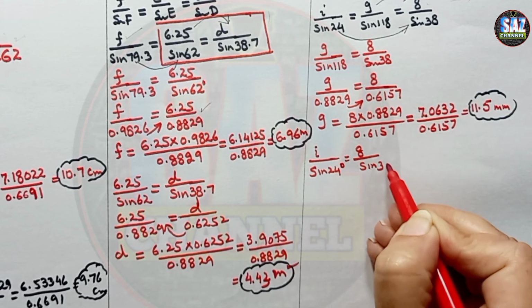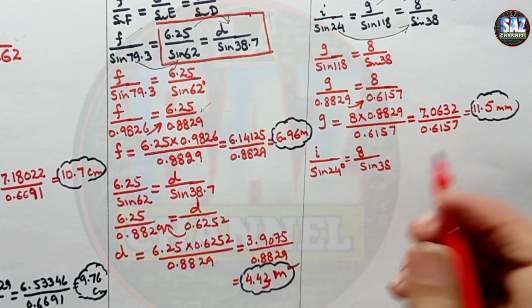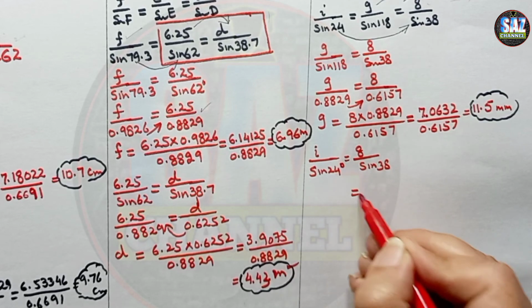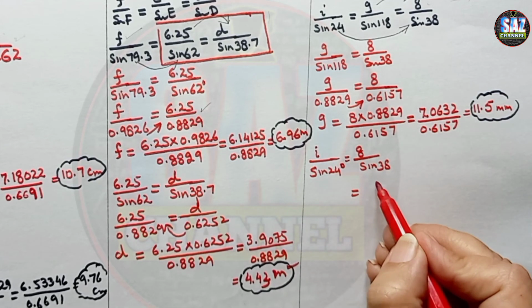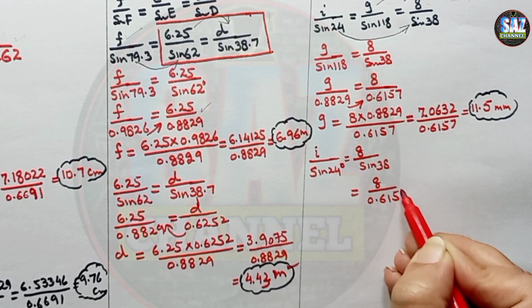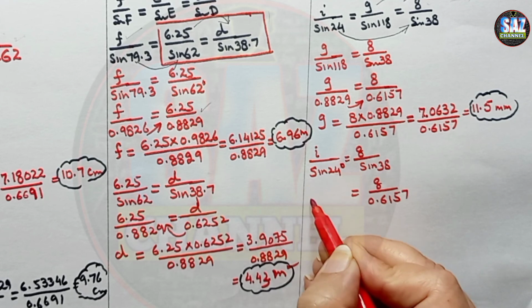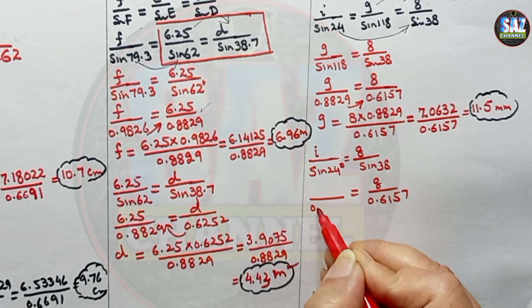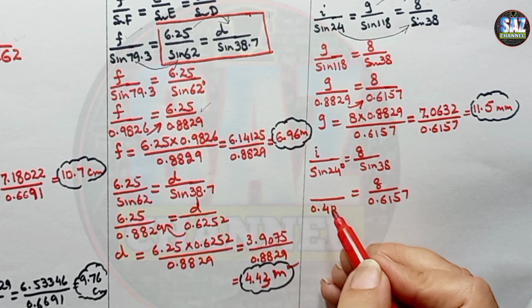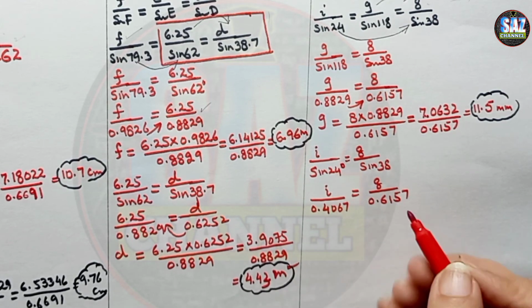Now 8 upon sine 38 has the value 0.6157, so I will copy this step as it is, 8 upon 0.6157. I have to check the value of sine 24, which is 0.4067.